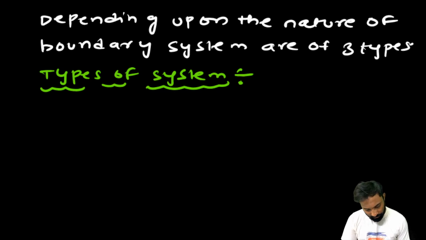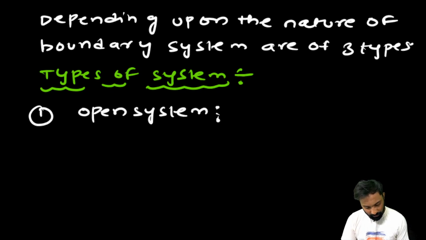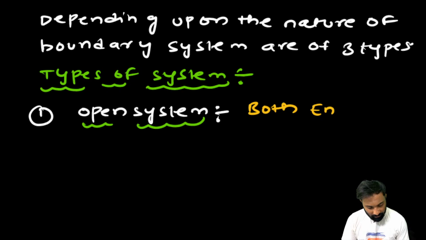Right. Good. The first one is an open system. Clear? Now, what is the meaning of the open system? Here, in the open system, both the energy and matter are exchanged between the system and surrounding.